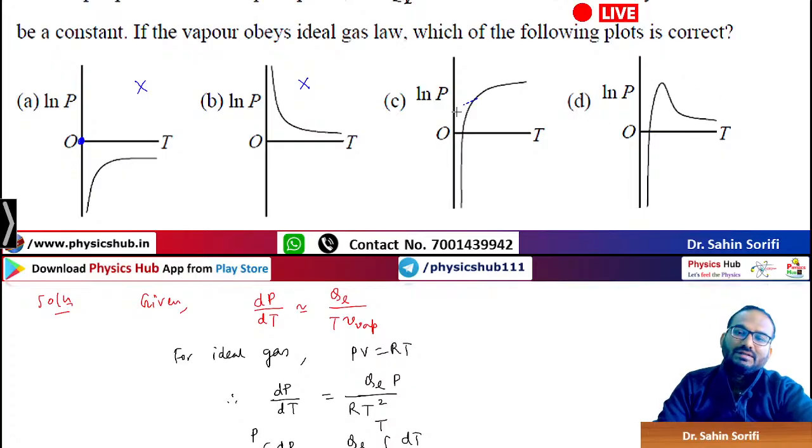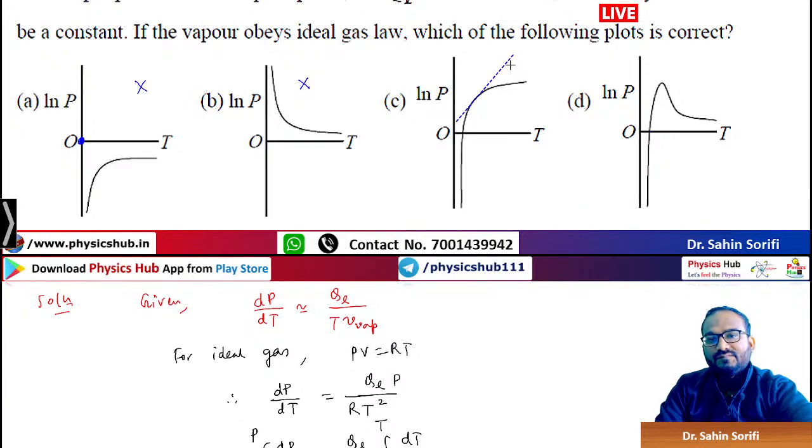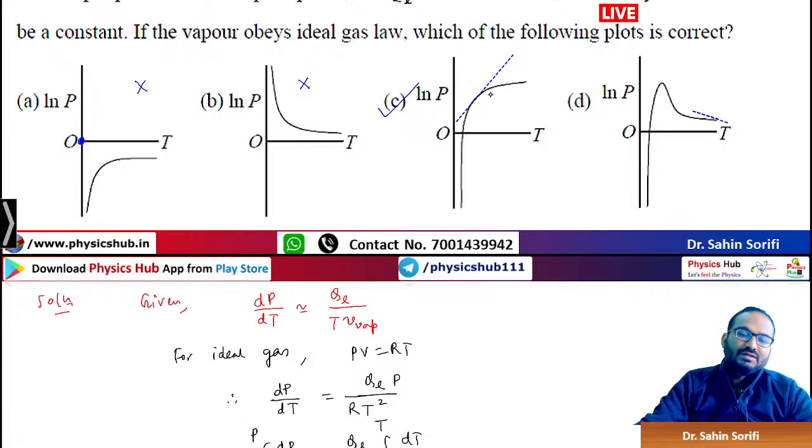So if you consider this curve, you will get a theta value, and tan theta will be positive here. But if you draw a tangent somewhere here, the angle is obtuse, more than 90 degrees, so that will give you a negative value of the slope. So option C is the correct option.